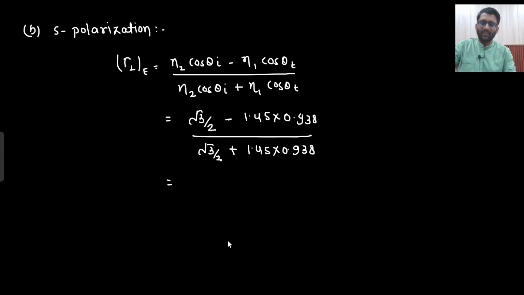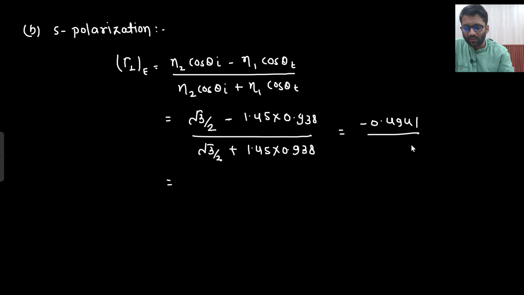What are we getting? 1.45 into 0.938 minus 0.866 comes out to be minus 0.4941, divided by 1.45 into 0.938 plus root 3 by 2.